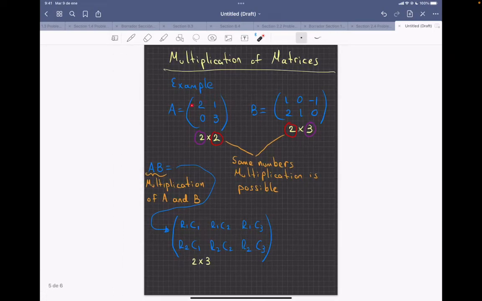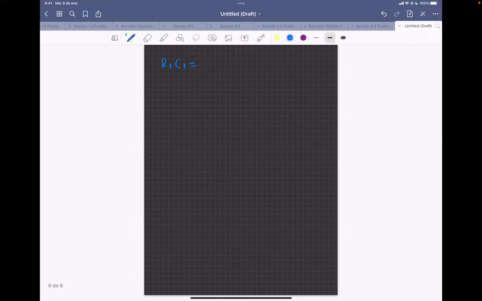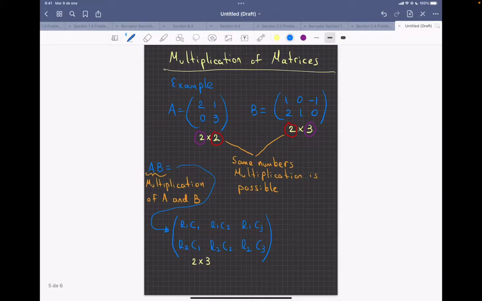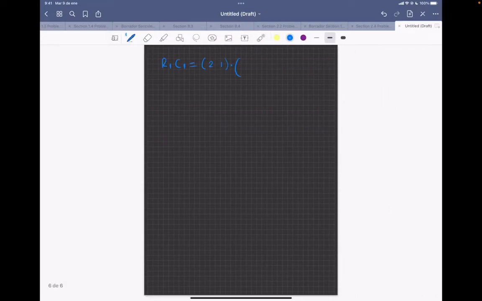But how do we multiply? Notice, row 1, here's 2, 1, and here's 1, 2, the column 1. How do we multiply rows and columns? Very simple. Multiply the first element in the row times the first element in the column.